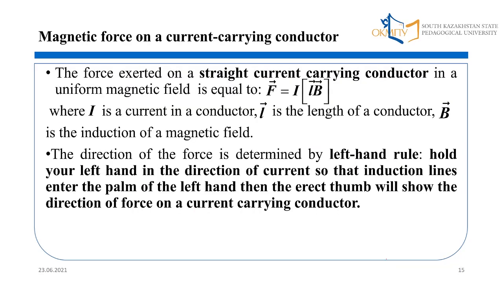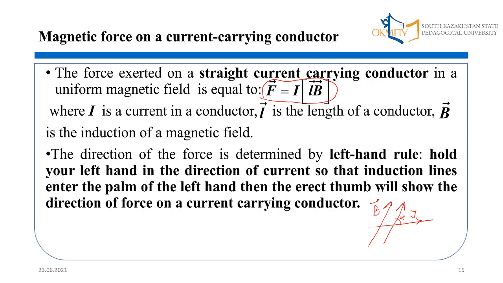The force exerted on a straight current-carrying conductor in a uniform magnetic field is equal to this expression. For example, if you have a current-carrying conductor with current in this direction, and you place it in a magnetic field B, alpha will be the angle between the direction of the current and the magnetic field.